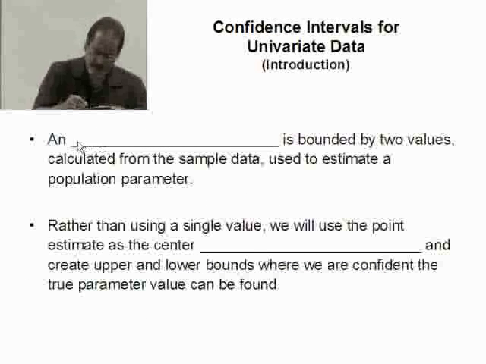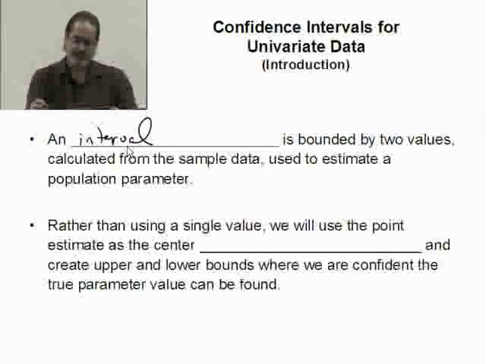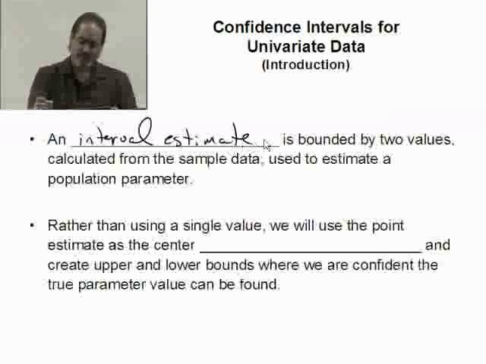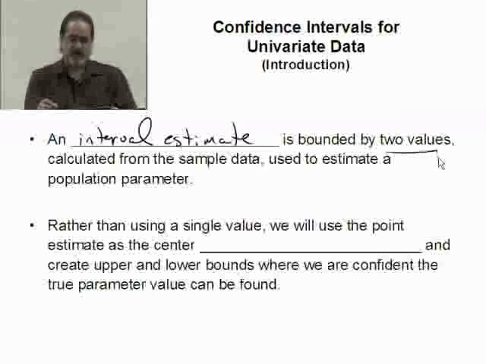Now, an interval estimate is bounded by two values, and those two values are calculated from the sample. And it's used to estimate the population parameter. So if I take that 54% and add to it plus or minus something, this interval that I've created is now my interval estimate. And what I'm saying is that I believe the true proportion, whatever it happens to be, is somewhere in that interval.